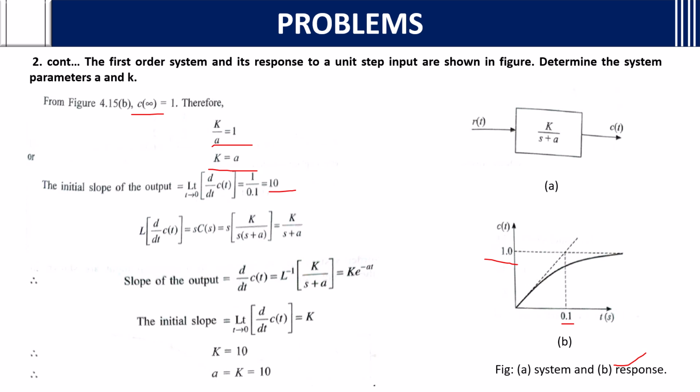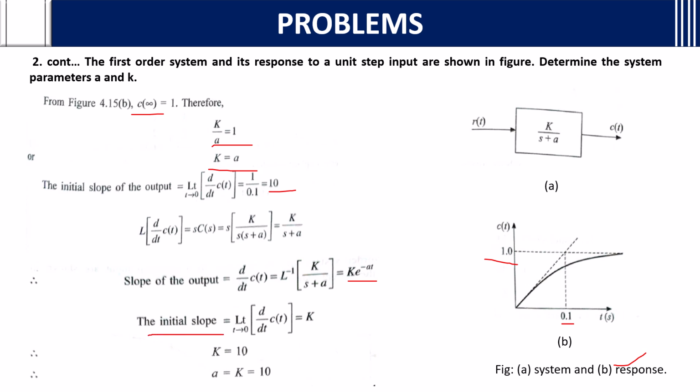The Laplace transform of d by dt of C of t is S into C of S, which is S into K by S into S plus A, that is K by S plus A. The slope of the output is the Laplace inverse of K by S plus A, which is K into e power minus at.